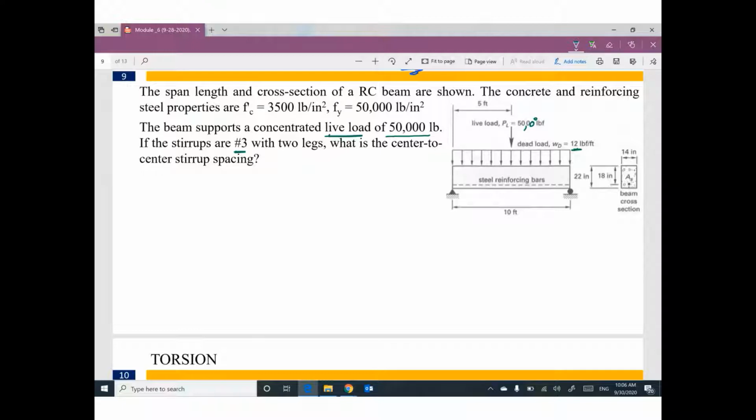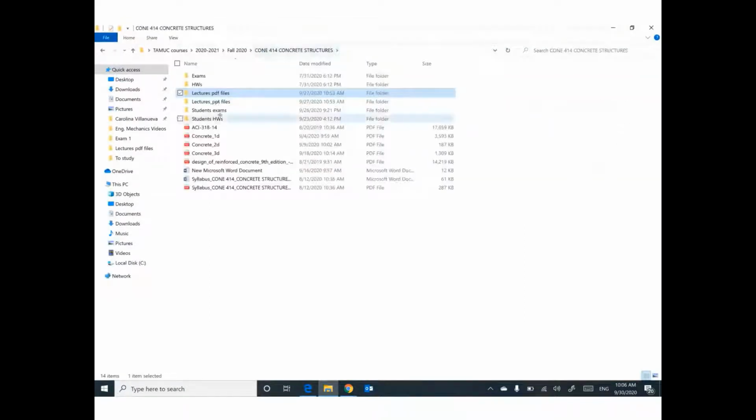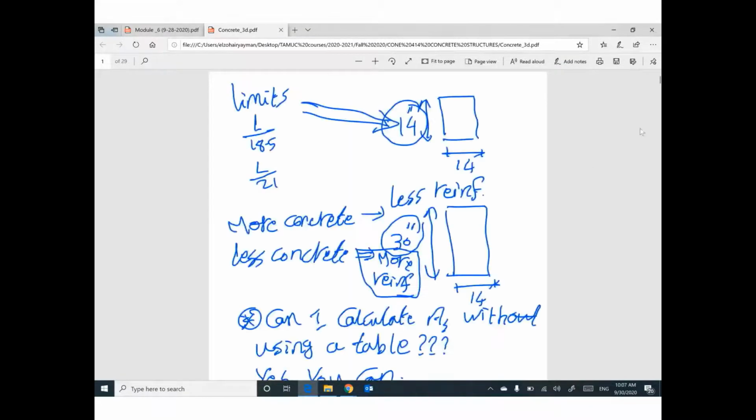As you know, guys, from last time I told you, we have two factors. Do you remember? To design stirrups, we have two parameters.